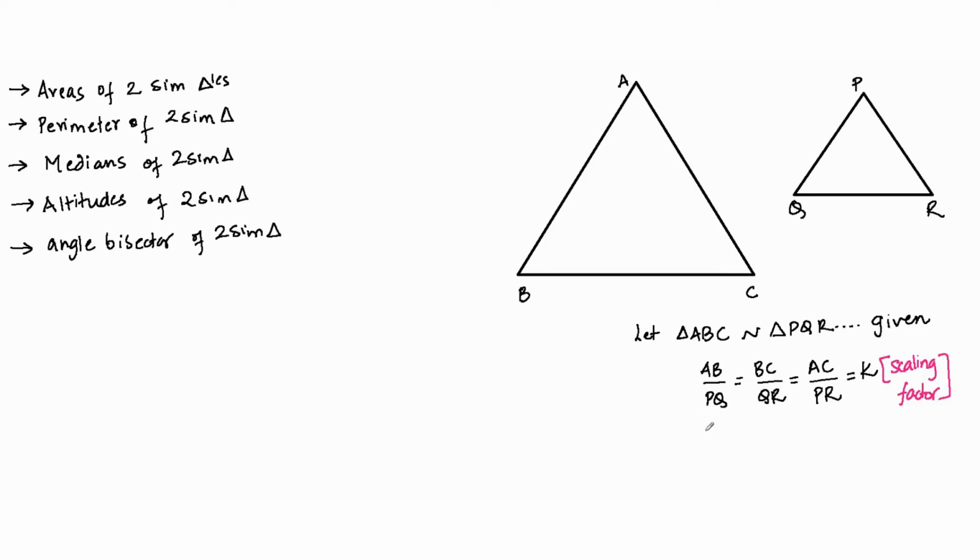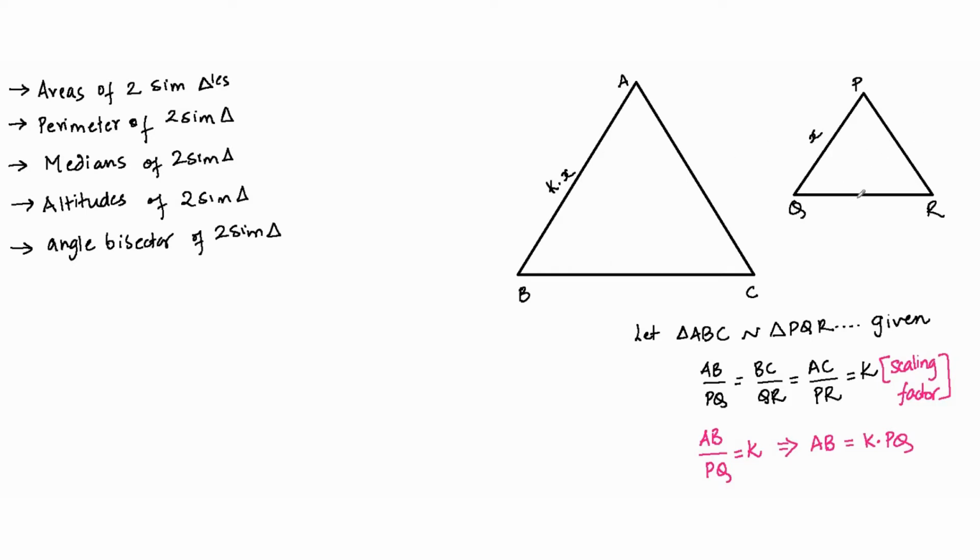So this means AB upon PQ is equal to K, which would imply AB is equal to K times PQ. Let's assume that the side PQ is X. If the side PQ is X, then AB is going to be K multiplied by X, right? So the side PQ got multiplied by K and it became the side AB.